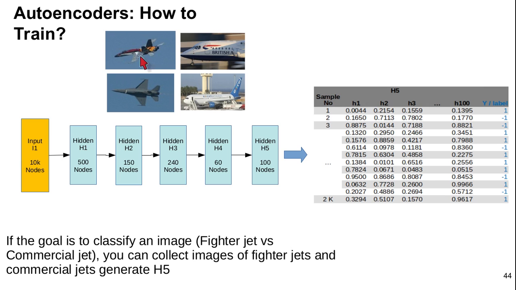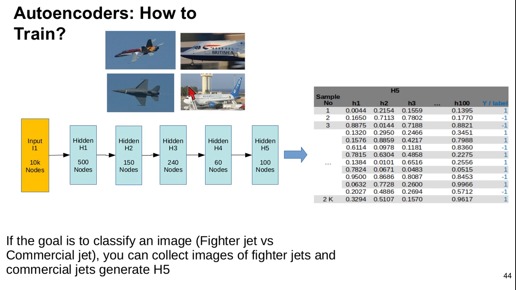We would take each image from the dataset, pass it through the input layer, then hidden layer H1, H2, H3, H4 and H5, and get the feature vector for that image. So for instance, the first image would generate 100 floating point values which form the feature vector for that image. Similarly, the second image, when passed through this entire stack of hidden layers, would generate 100 feature values which form its feature vector, and so on for our entire dataset.